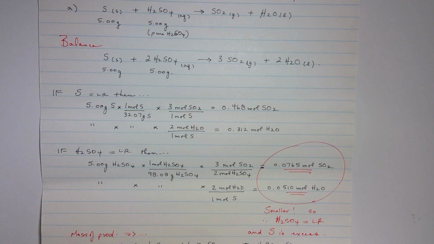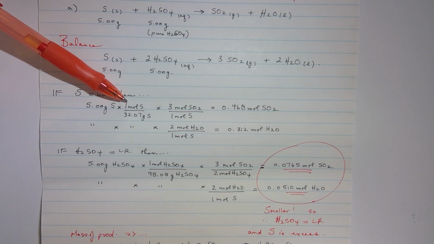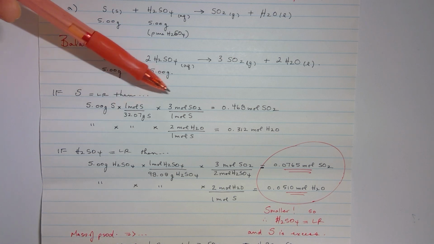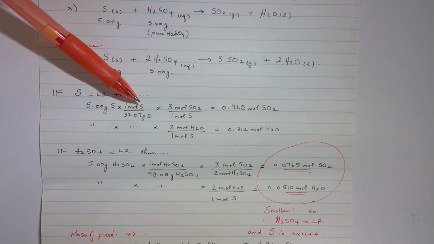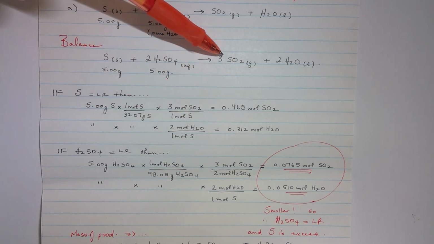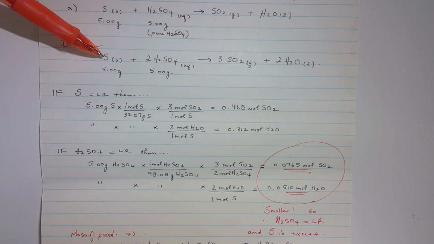Just a note on the calculations here, we're doing lots of conversions. If sulfur is the limiting reagent, I take my mass of sulfur and convert it to moles of sulfur using the molar mass of sulfur. This many moles of sulfur will produce how many moles of SO2 if I take this conversion factor from my balanced reaction, that 3 moles of SO2 are produced for every 1 mole of S consumed.